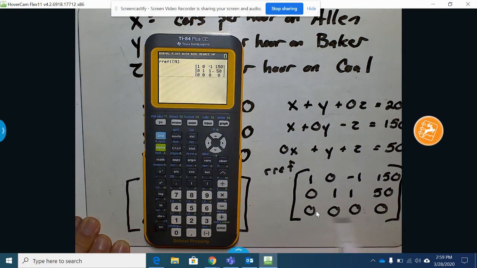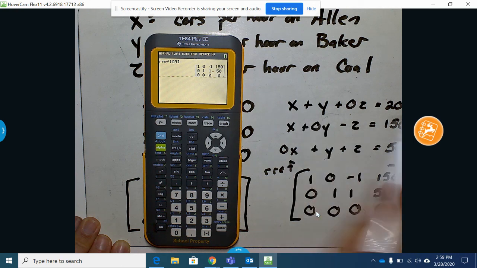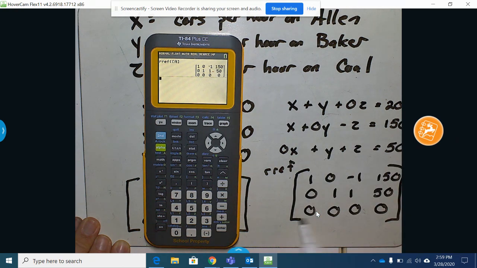If I have a row of all zeros on the bottom and I have three variables and three equations, that zero is telling me that I don't have one exact combination. But what this does tell me is that if I know a particular number of cars that go down a street per hour, I could determine the number of cars on the other ones.